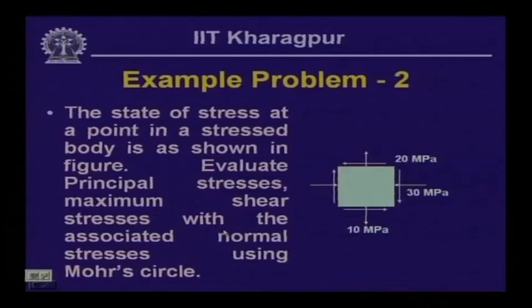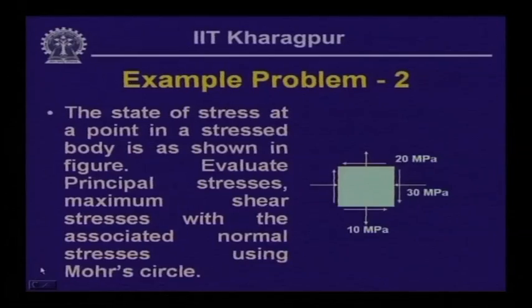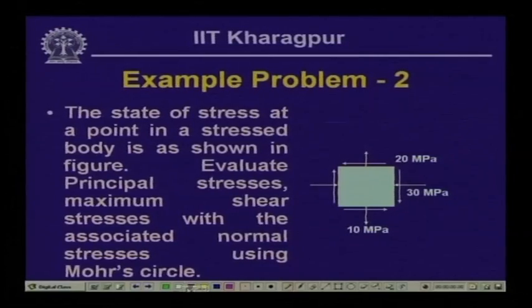Now, let us look into another problem. In fact, this particular problem also I had given you last time to solve from your end. I hope you could do it. Now, here let me explain to you what are the aspects which should be looked into.